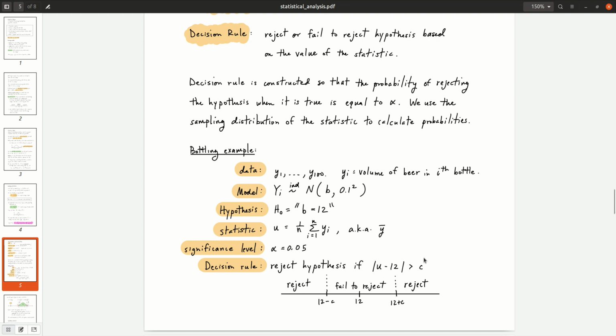Now what's left is we have to use the sampling distribution of the statistic to determine where we should actually put this cutoff in order that the probability of rejecting a true null hypothesis is 0.05.